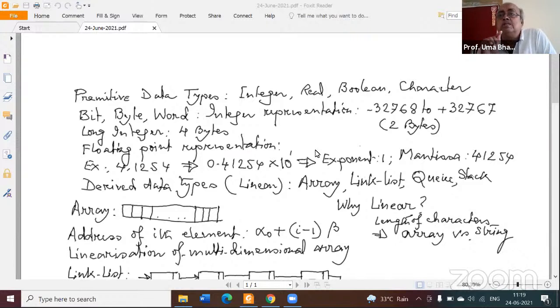What are the characteristics of this? First of all, each slot has same size. And the total size required is obviously fixed. And you have to define it at the time of developing the array.